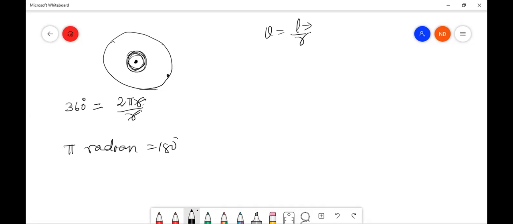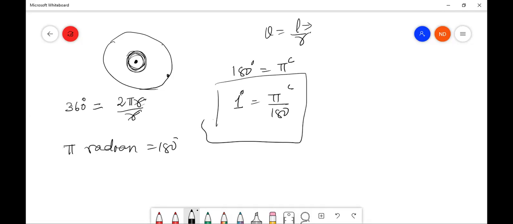180 degree. So the relationship between degree measure and radian measure is that 180 degree equals pi radian. So 1 degree equals pi upon 180 radian, and 1 radian equals 180 by pi degree.